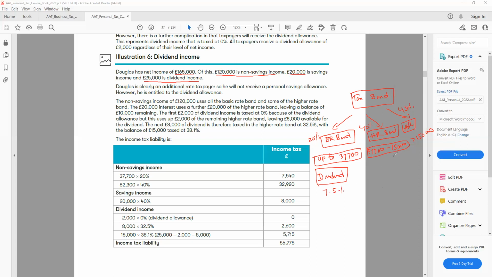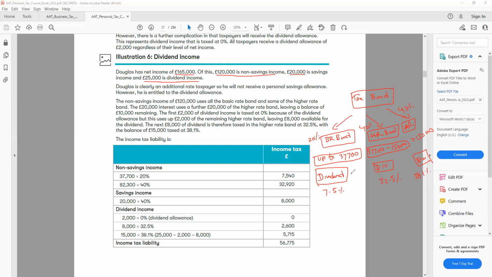If I am a higher rate taxpayer, then the dividend rate will be 32.5%. And if I'm an additional rate taxpayer, then it will be 38.1%.